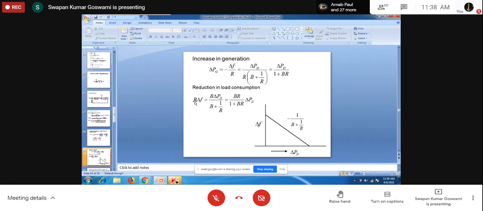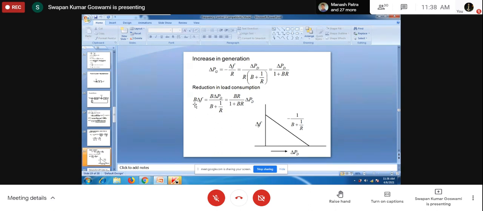That means when the load increases, frequency decreases, but the frequency reduction is somewhat checked by the action of this B. Similarly, had there been some reduction in demand, the frequency would have increased. Because of the increase in frequency, the load would have been consuming more power.